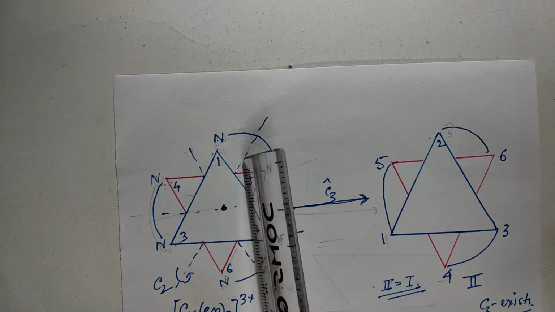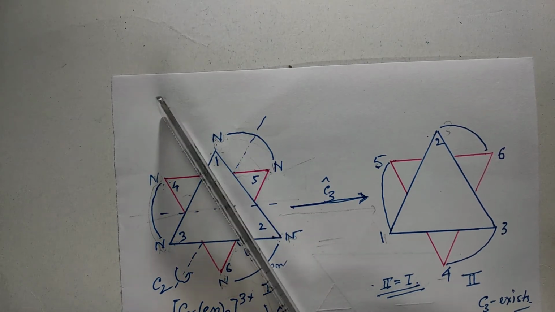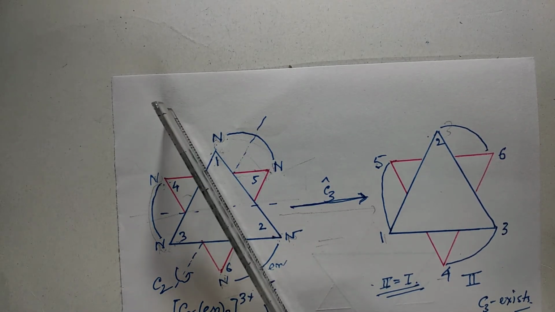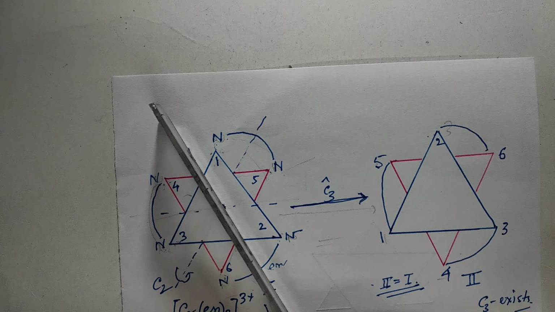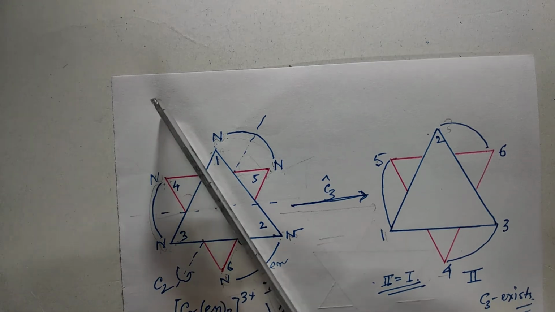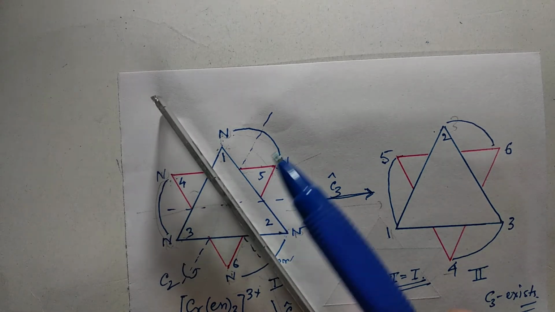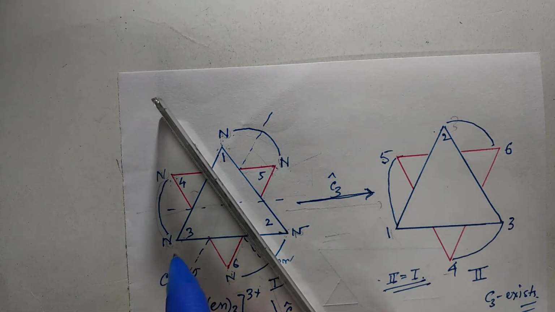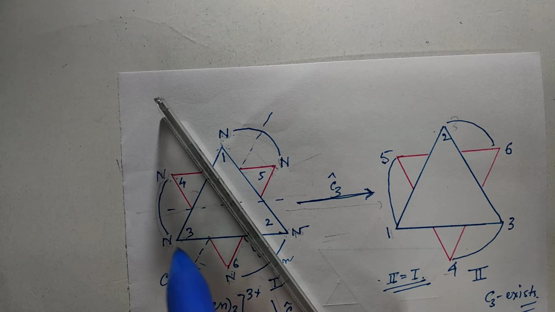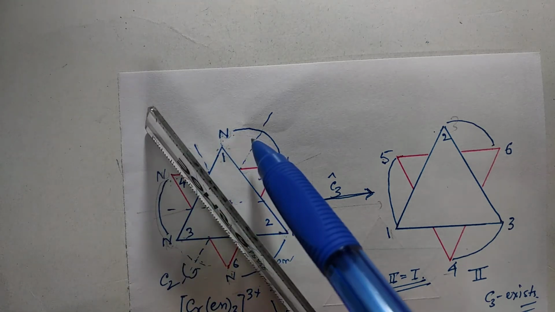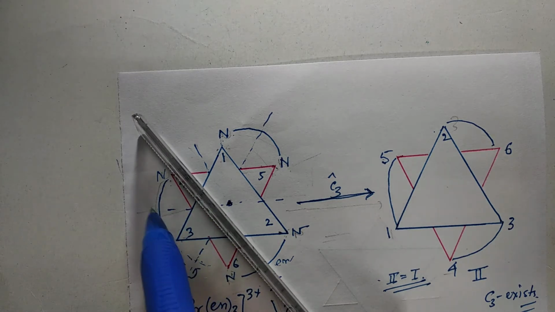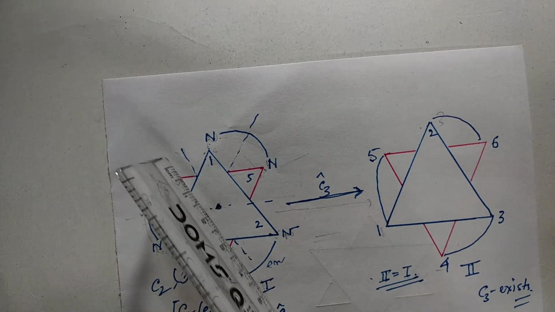Between these two C2 axes, we can imagine a symmetry plane in this manner. Here also we see that the two sides are not similar. If this is the plane, then this has to have an image in this position, but this position has no bridge. So this has no image on this side. Similarly, this has no image on this side, and so on.